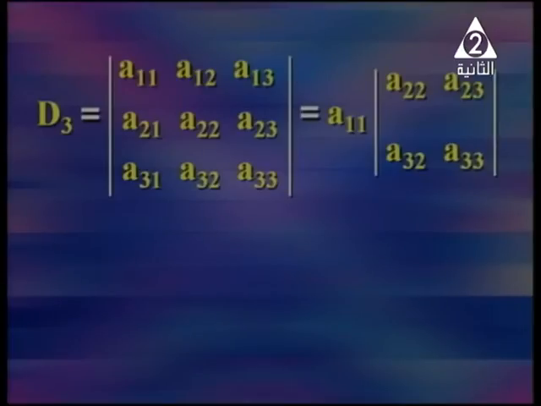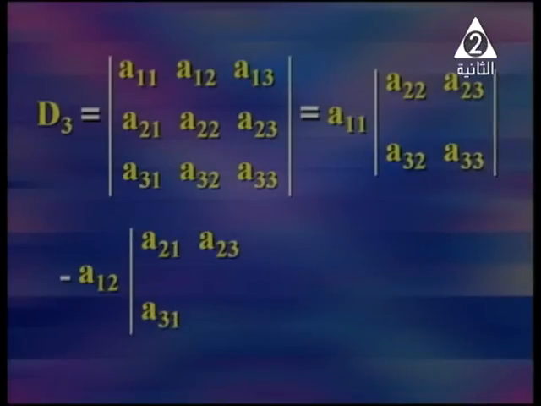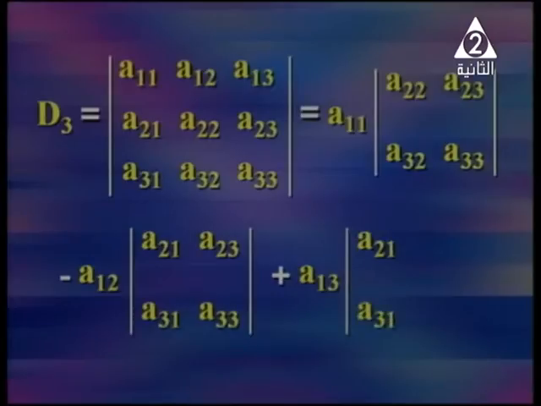Each element has a determinant. A11 has determinant A22, A23, A32, A33. Negative A12 multiply determinant of A21, A23, A31, A33 plus A13 multiply its determinant A21, A22, A31, A32.